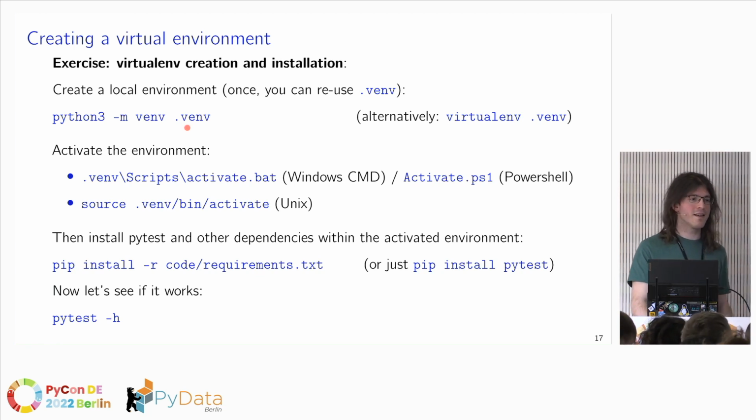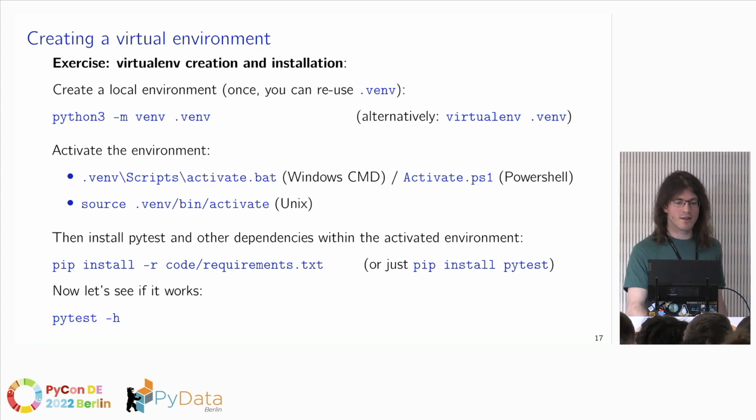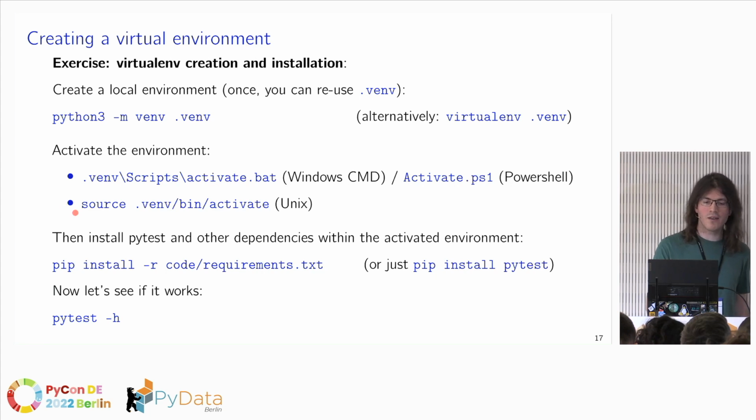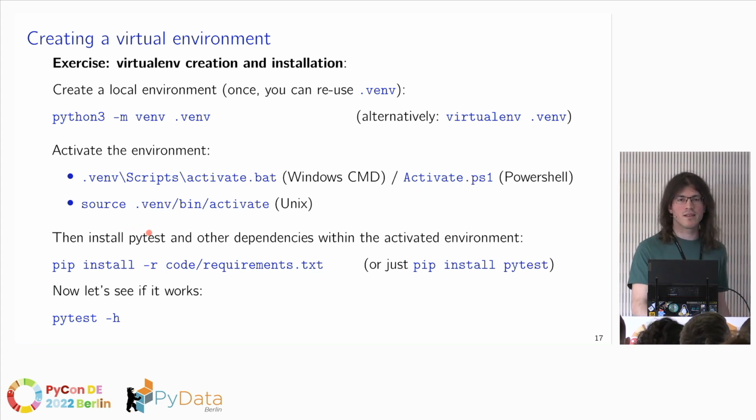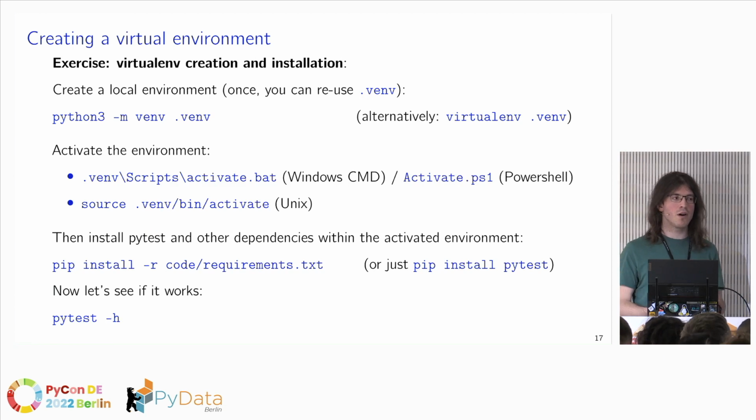Then the second step, and some people find this a little bit magic, is activating the virtual env, using this .venv/bin/activate with source. Now all activating actually does, and that's really all the magic, is changing your PATH variable to point into the virtual env.